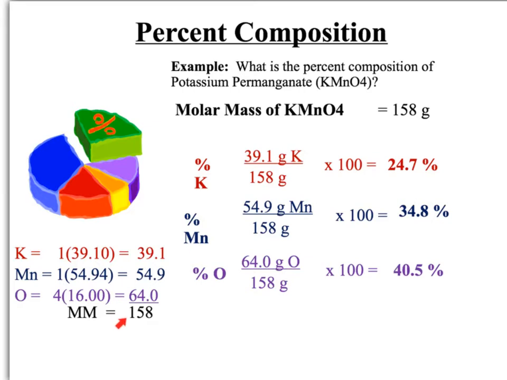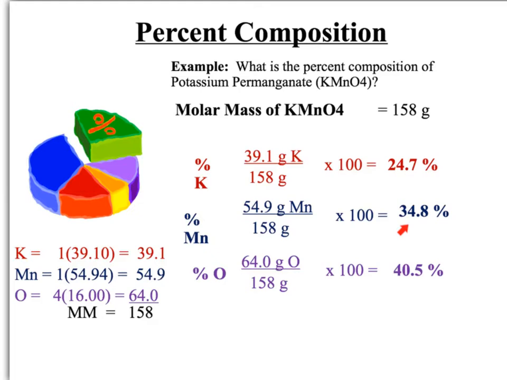To determine the percent of potassium, we take the mass of potassium divided by the molar mass. We multiply it times 100, and we get the percentage of potassium in potassium permanganate as 24.7. We do the same thing with manganese. We take the mass of manganese divided by the molar mass of the compound times 100.